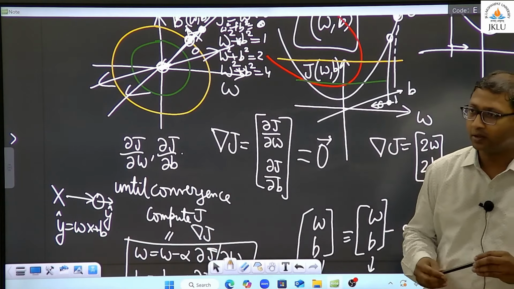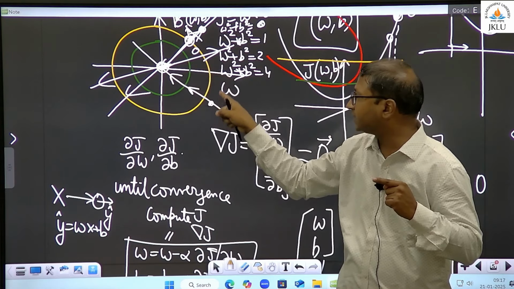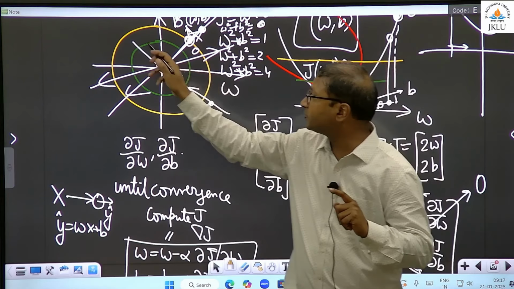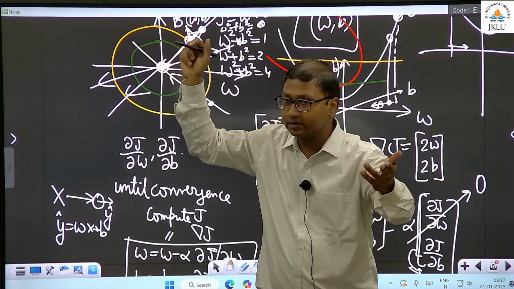When will this happen, by the way? When will the value of my next j greater than the current j? So keeping this as center, make a circle here. If my update takes me to a point beyond that circle, then the value of j will be greater than my current value.